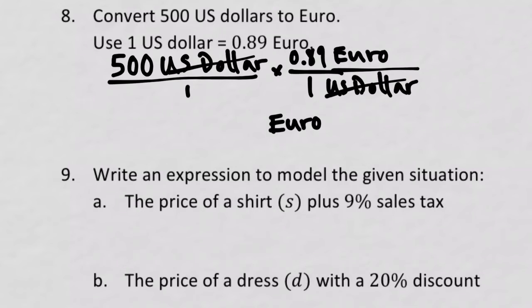So let me see, calculator says 500 times 0.89. So my calculator says 445 euro. 500 US dollars is exactly the same as 445 euro based on this conversion factor that they have given us. That's your final answer.